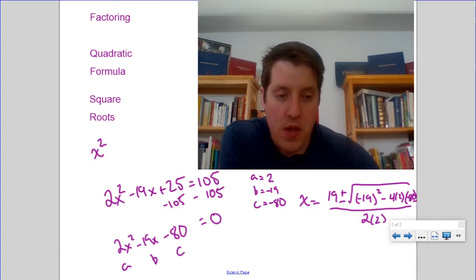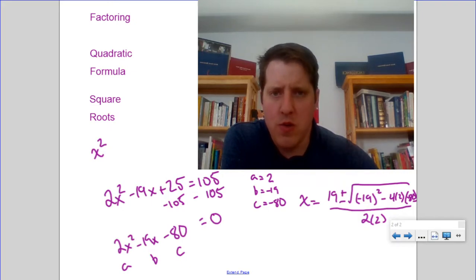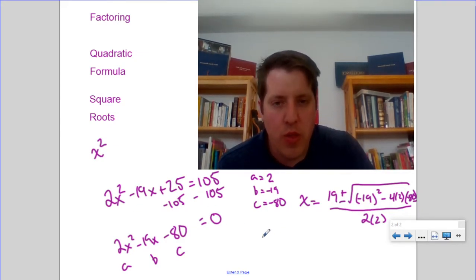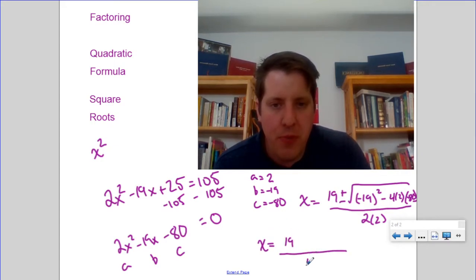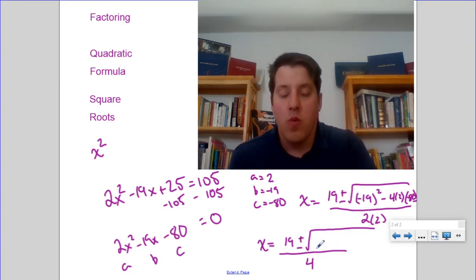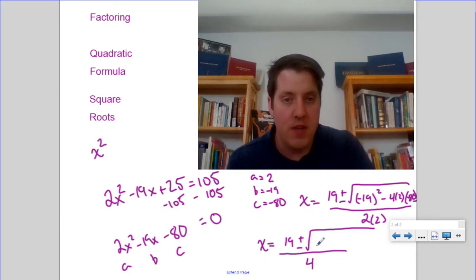Now, if you got a big enough calculator, you can plug that whole thing in, but we probably want to talk about how you would do that, using your brain instead of using your thumbs. Okay, so the best way to start is underneath the parentheses. We're just going to leave the 19 and the 4. We can write that as 4 if we want, but leave those mostly alone. Plus or minus. Big square root, so 19 squared is 361, which means that's also what negative 19 squared is.